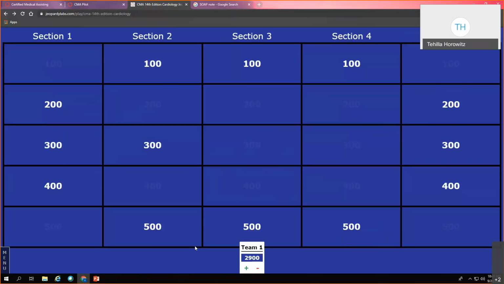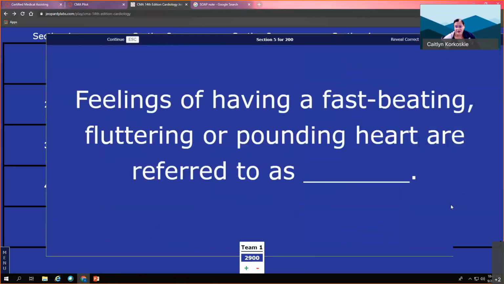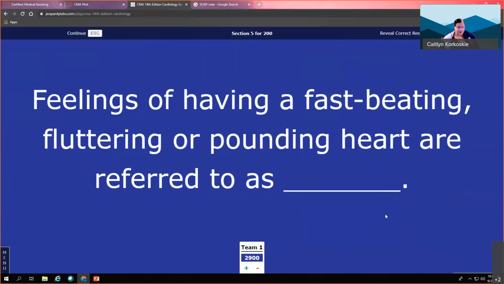Section 5 for 200. So this is the term for when you have a fast heartbeat, fluttering, and that pounding feeling. Is that tachycardia? Nope.